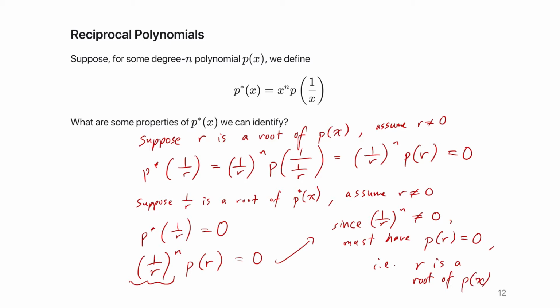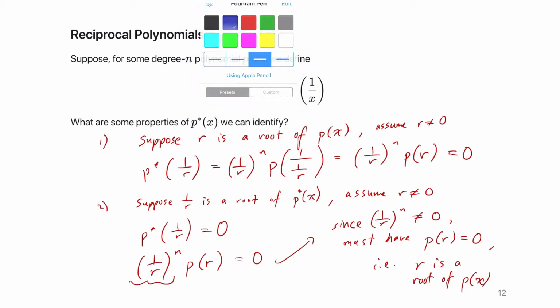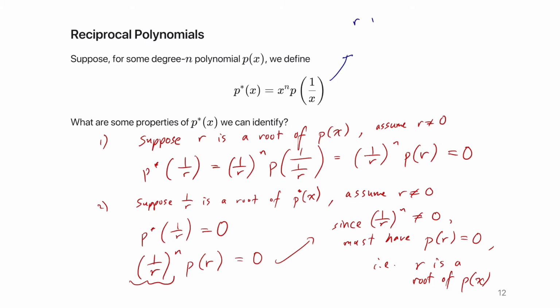So what does all of this mean? I guess this is one direction, this is the other. It says R is a root of P if and only if 1 over R is a root of P star of x. Is that okay? So we did the two directions. If R is a root of P, we showed that 1 over R is a root of P star.